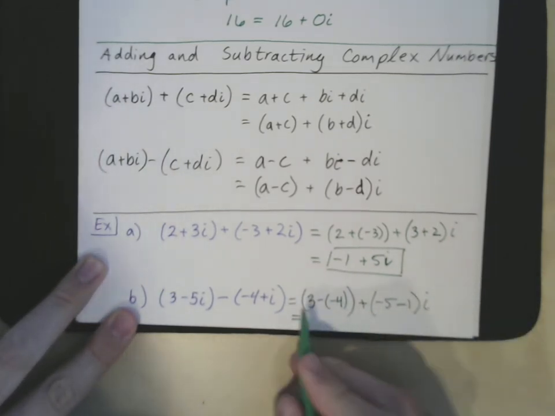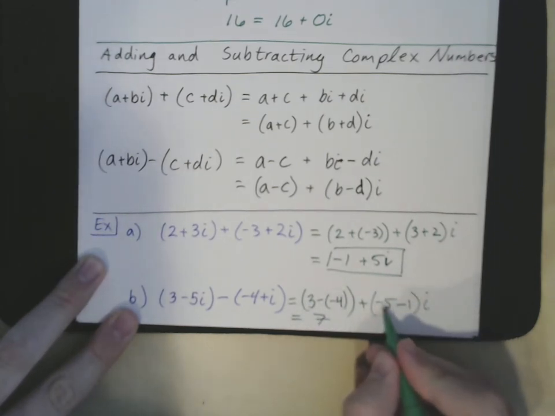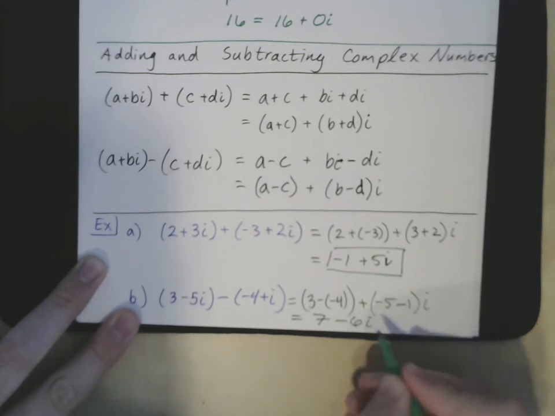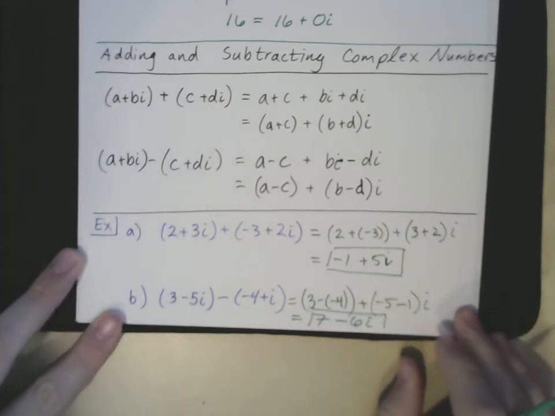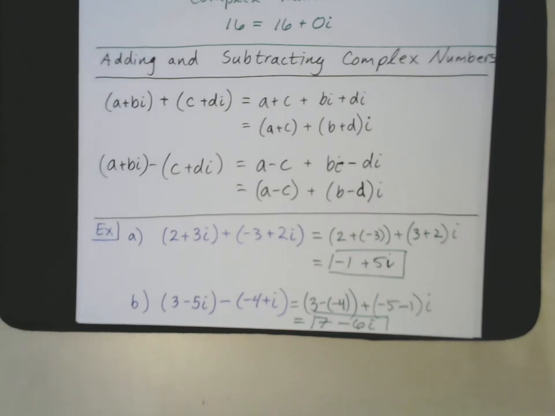And this is going to give us 3 plus minus -4 is 3 plus 4, or 7, and then this is going to be minus 6i. And that would be our answer. 7 minus 6i.